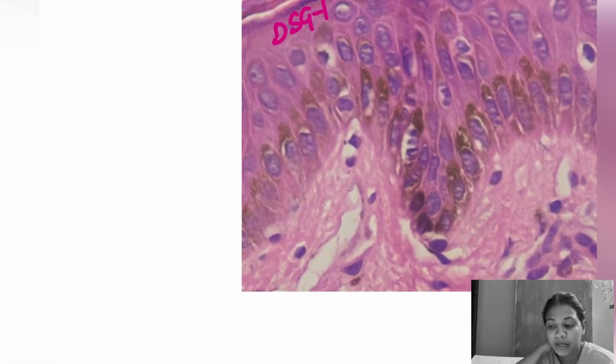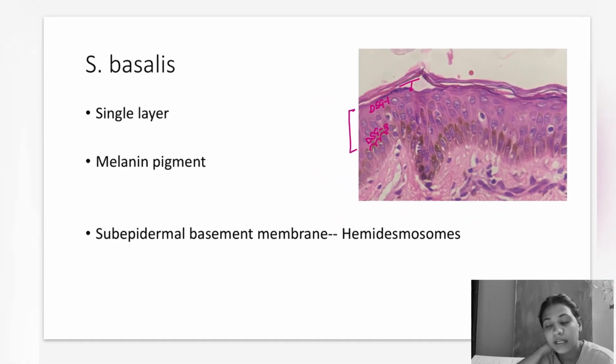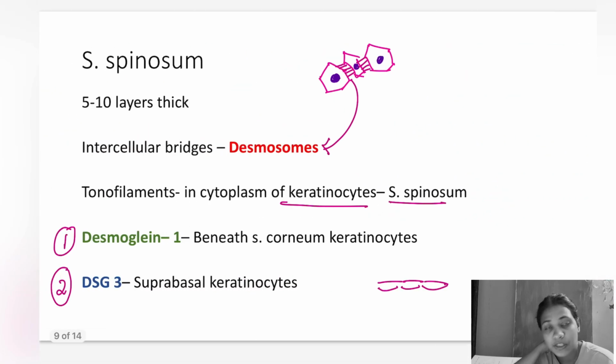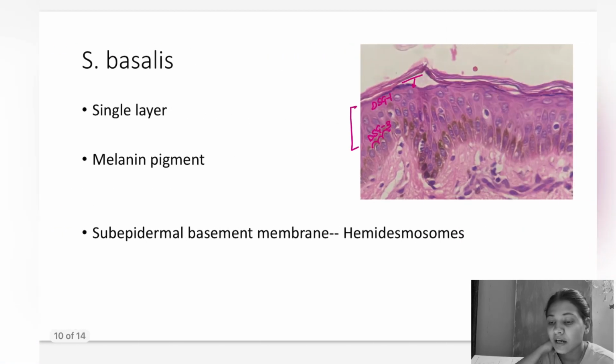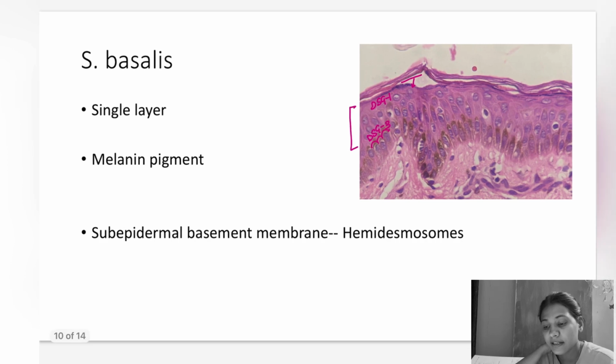So this is the basal layer. So above this is where we see desmoglein 3. The location of desmoglein 1 and 3 is very important, which you will eventually understand when further topics come in dermatopathology. Coming to stratum basalis, it's again a single layer.